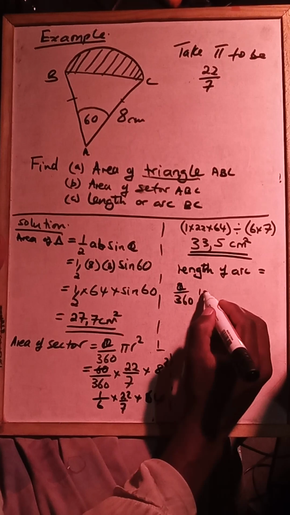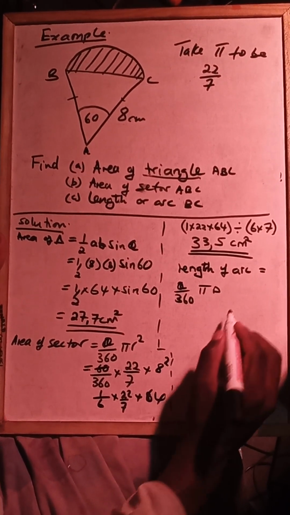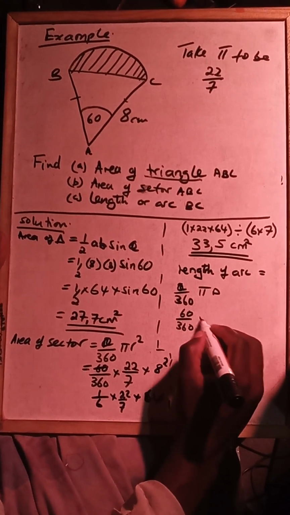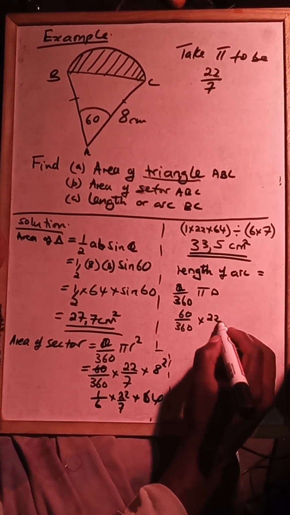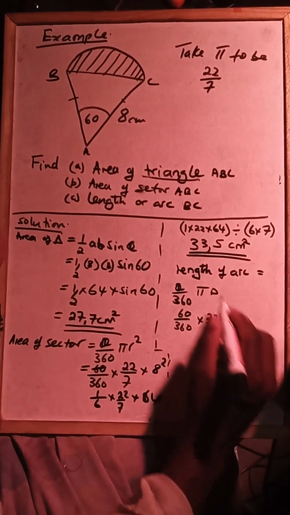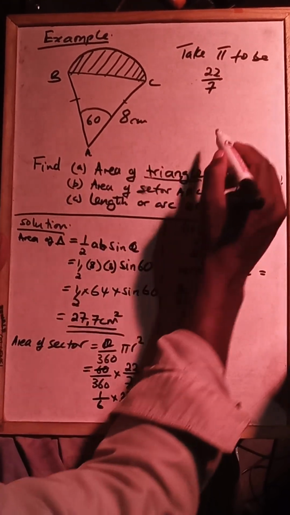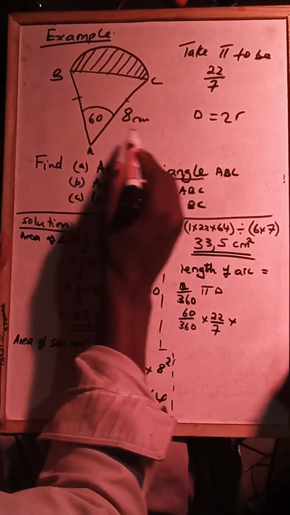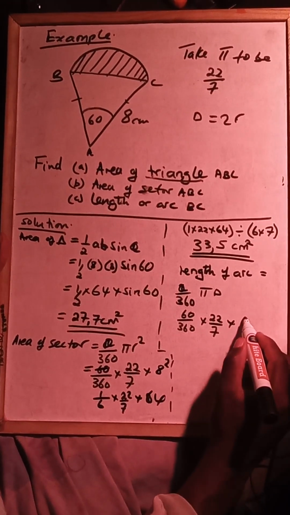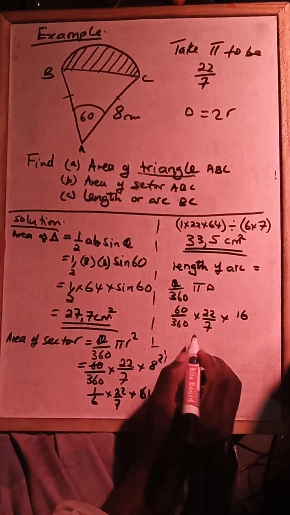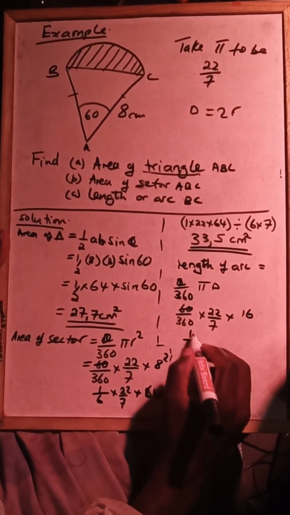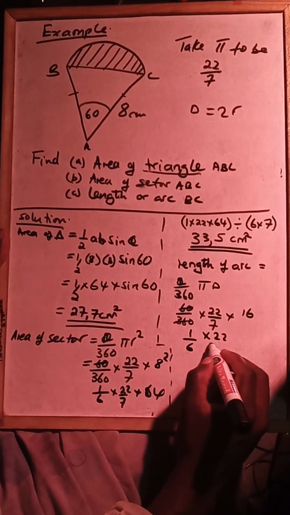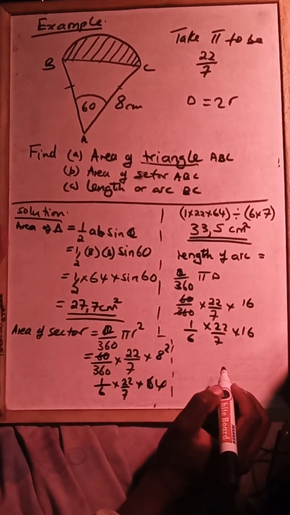In this case, our theta is 60 over 360 times pi, 22 over 7, times d, which is 8 plus 8 because diameter is equal to 2 radius, so 16. So 1 over 6 times 22 over 7 times 16.